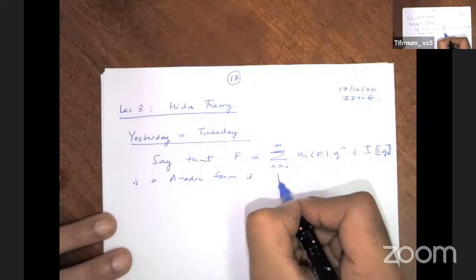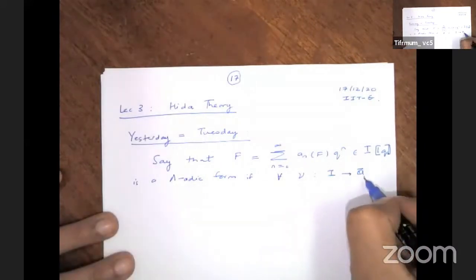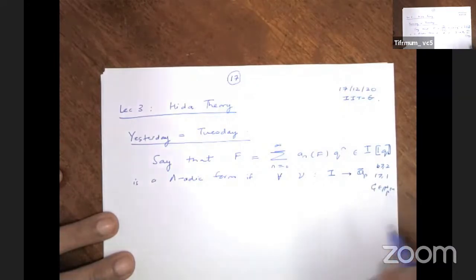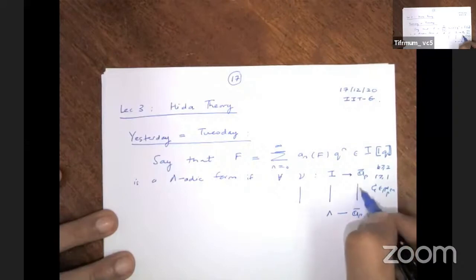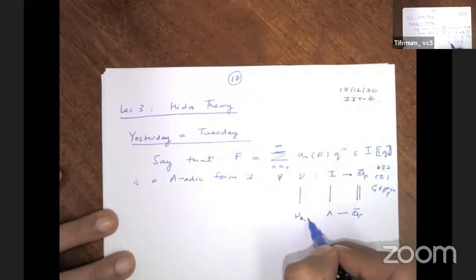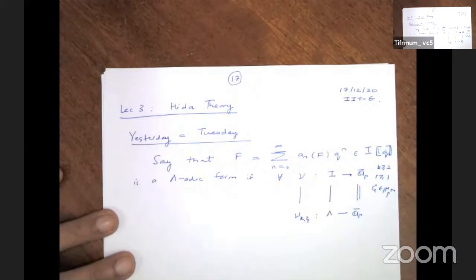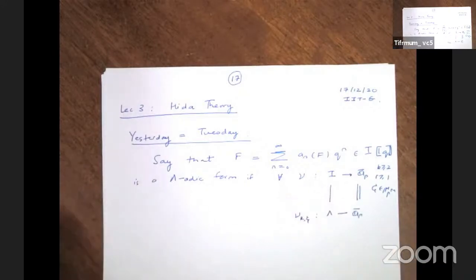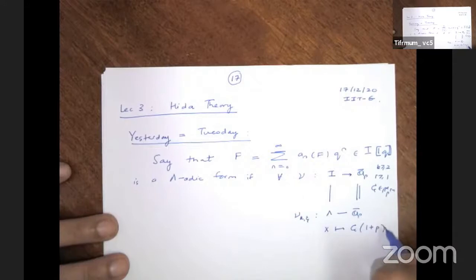If for all arithmetic specializations, which means all homomorphisms from I to Q_p bar which lie over very special kinds of homomorphisms, namely the ones lying over the usual homomorphisms from Miyawaki theory, X goes to zeta times (1 plus p) to the k minus 1.